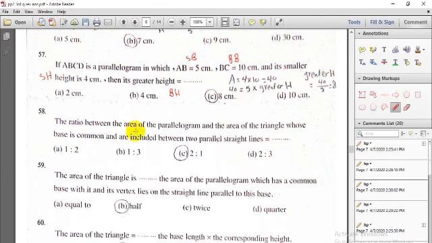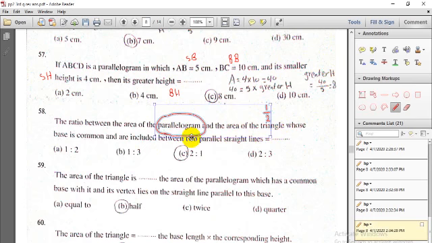The ratio between the area of parallelogram and the area of triangle. Take care, what did we say about triangle? We said that the triangle is half the parallelogram. So if he started with parallelogram, the parallelogram is double.